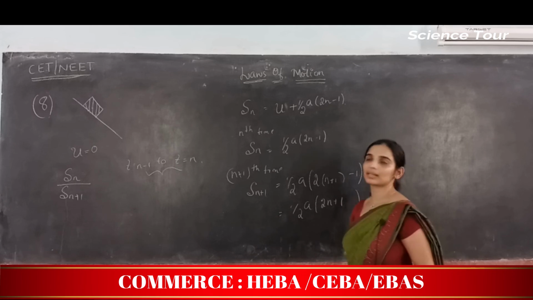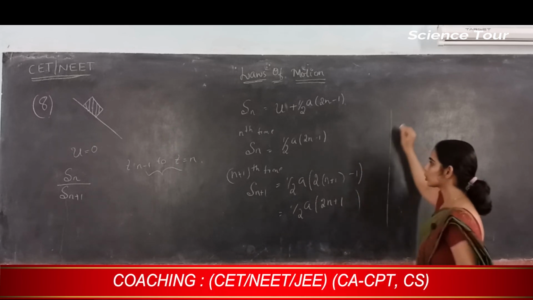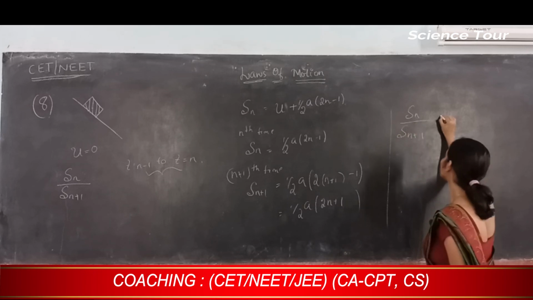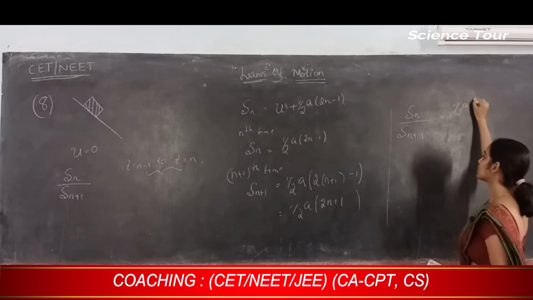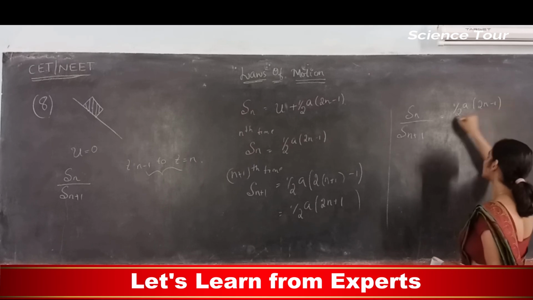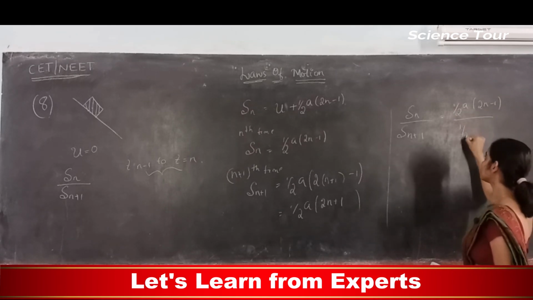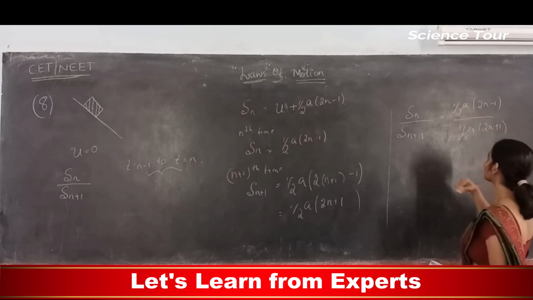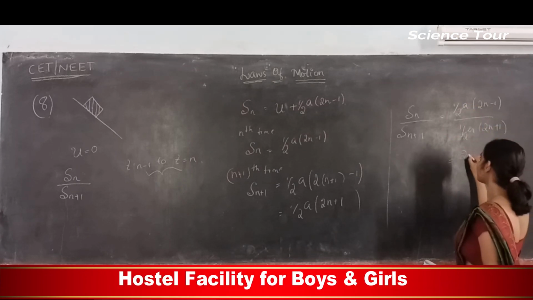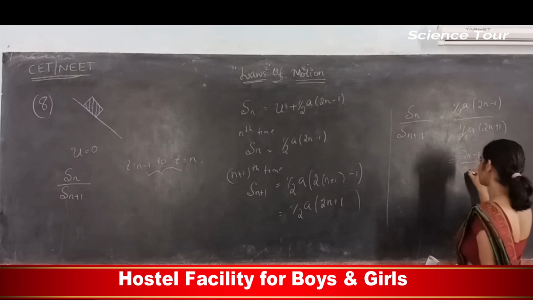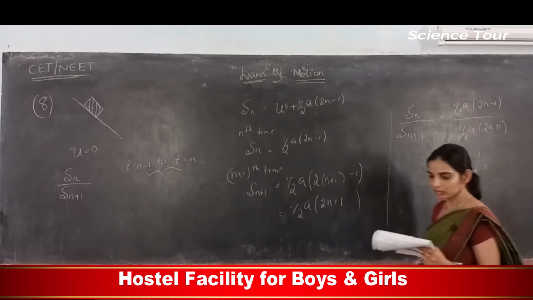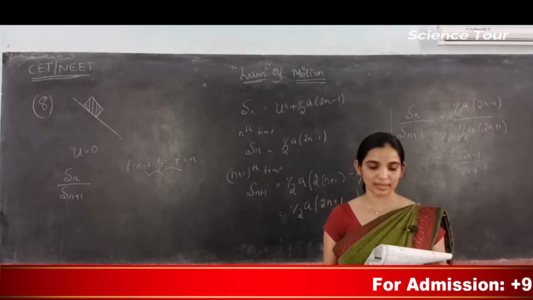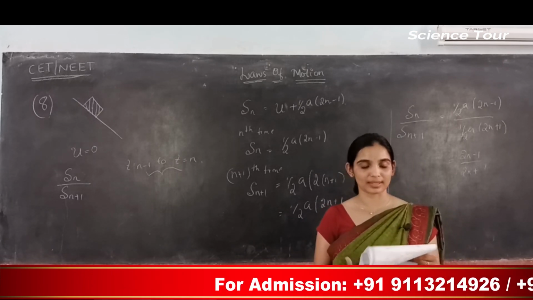This is Sn plus 1. We want the ratio, correct? Ratio is Sn by Sn plus 1, which is half a into 2n minus 1 divided by half a into 2n plus 1. Half a gets cancelled. 2n minus 1 divided by 2n plus 1. Option C is the right answer because option D is the reciprocal of it.